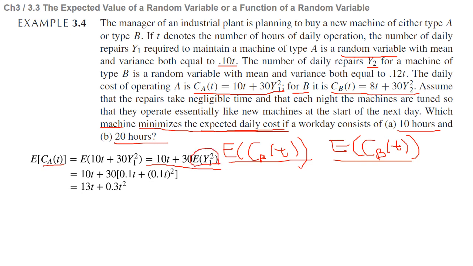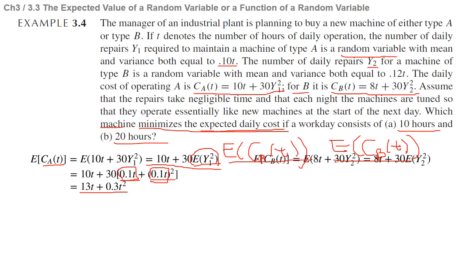By the formula that we learned in the previous theorem, the expected value of Y1 squared is sigma squared plus mu squared. So here is the sigma squared, and here is the expected value squared. So the result is this one, 13t plus 0.3t squared.